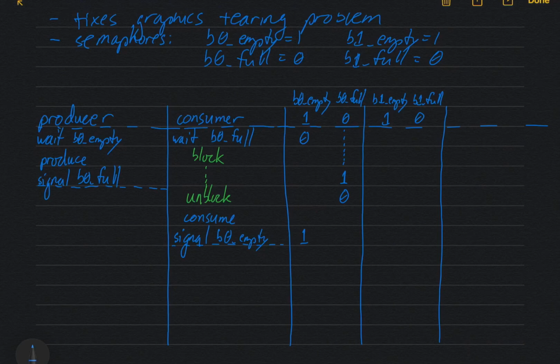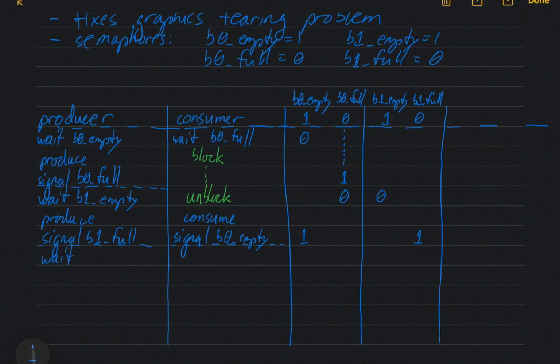Let's go back to the producer first. After filling buffer 0, the producer will have moved on to buffer 1. So we'll wait for B1 empty, and that will go down to 0 here, and then it will fill buffer 1, so produce, and then it will signal that buffer 1 is full. Okay, and let's do one more iteration of each just to show how this can keep going.